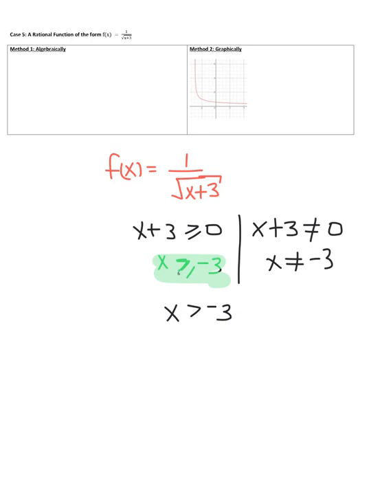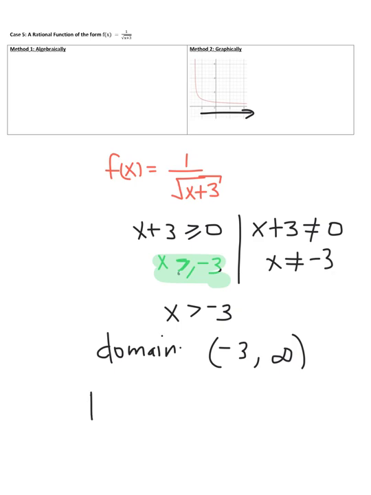So now we can write our domain. The domain is going to be from -3, not included, to infinity. And you can see the graph right here. This is how the graph looks. It starts at -3 and goes to infinity, and you can see every x value from -3.